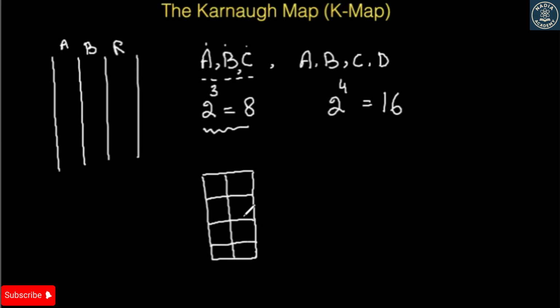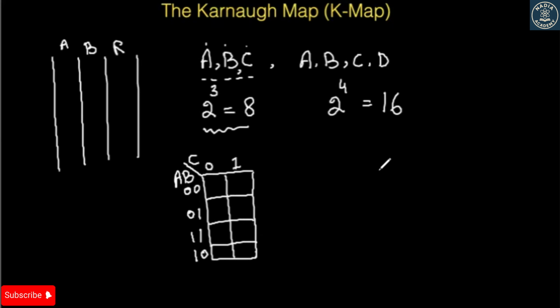So now we have 8 cells. At the corner, put a line to differentiate the variables. Here we have C and here we have AB. The first value is a 0 and the second value is a 1. And for these two, we start with 0 0, 0 1, then 1 1, 1 0.